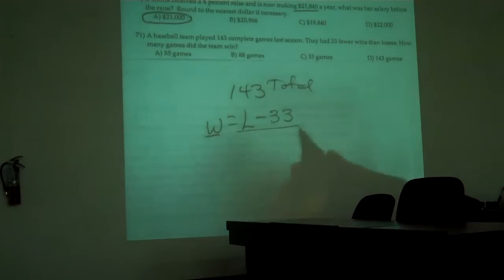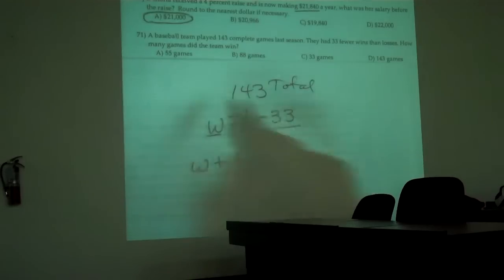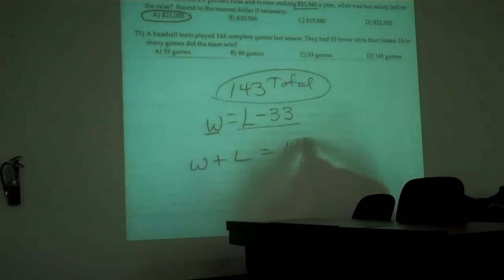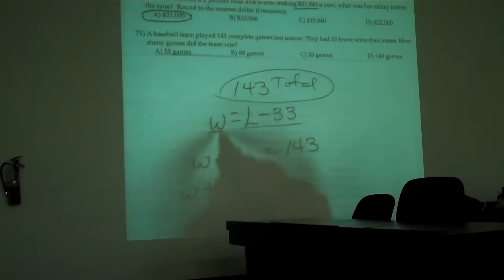Okay, so if you have your wins plus your losses, it's going to add up to how many games you played, right? So it adds up to 143. So you do wins plus losses. Okay, let's do the wins.